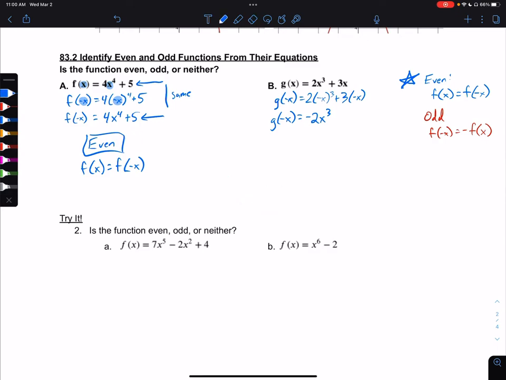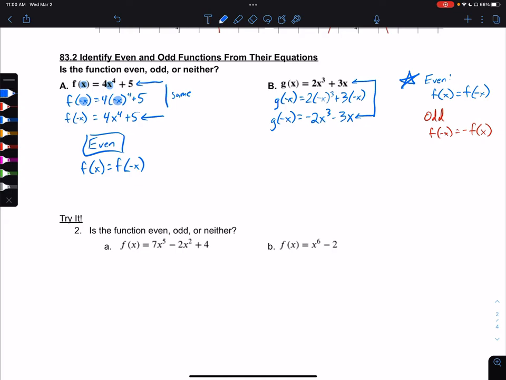Positive 3 times negative x, that's pretty obvious, that's negative 3x. Now, in this case, we're looking for whether it's even or odd, and we want to compare this one here with this one here. The 2x cubed became a negative 2x cubed, so that sign changed. It's an opposite sign, so it can't be even, because we have some changes here.